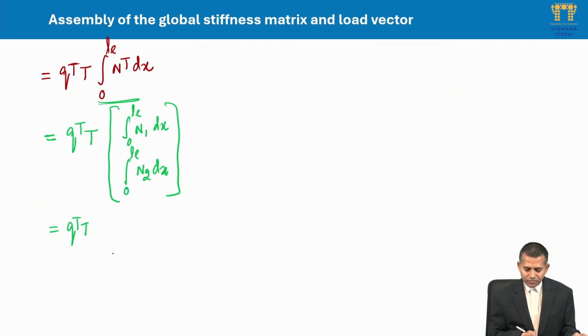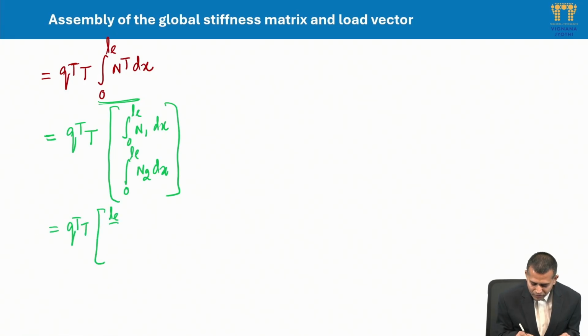So if I just write this, I get this expression as LE by 2, LE by 2. Essentially I can say that Q transpose, that is T into LE by 2, T into LE by 2.